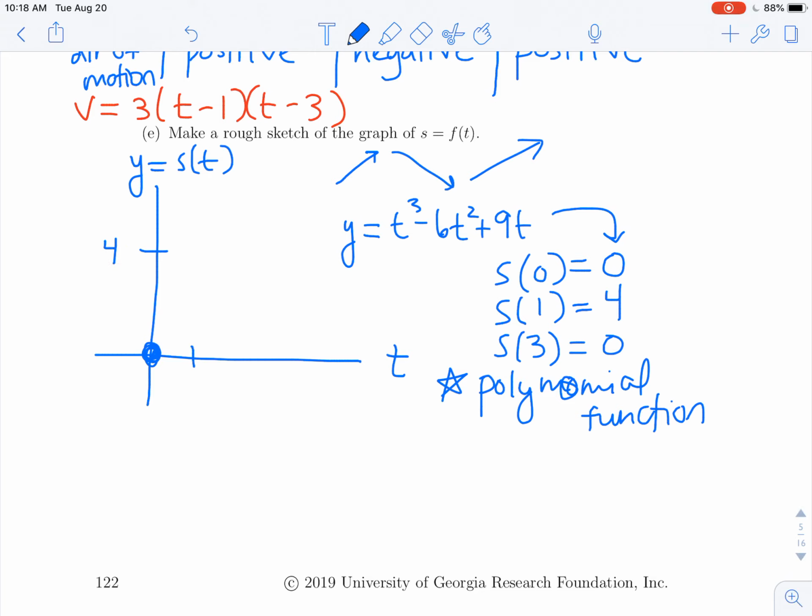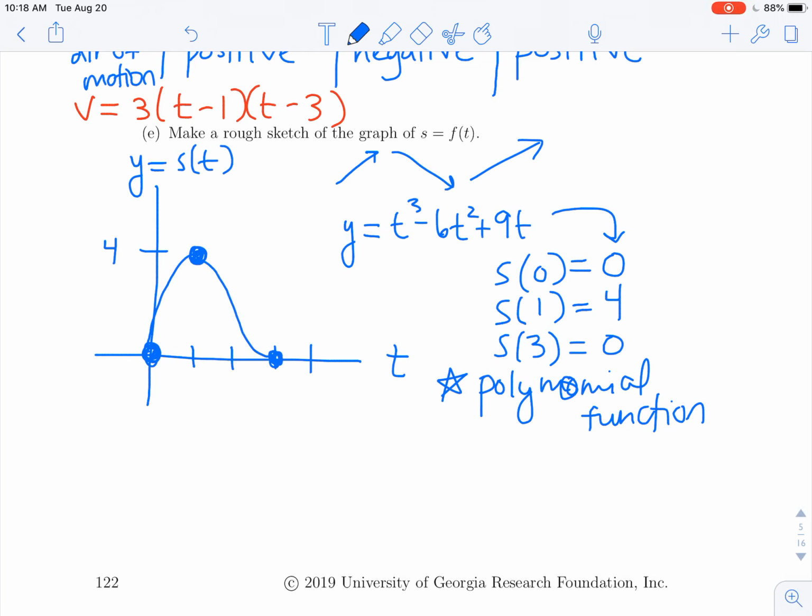And then we need t equals 1 and t equals 3. So our position at 1 is supposed to be 4, so we'll mark 1, 4. And then we know we're going to do something like this. And then at time 3, our position is supposed to be 0, so we'll be down here. So we have to go down to 0.